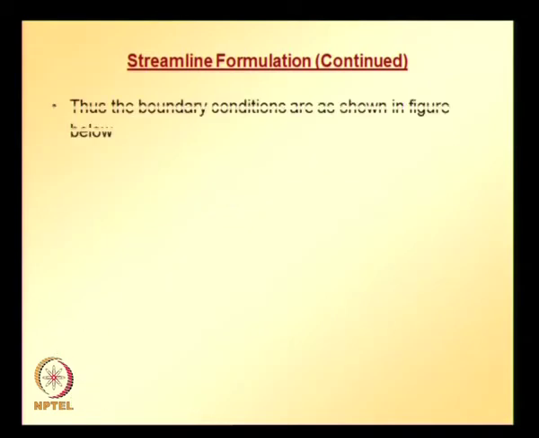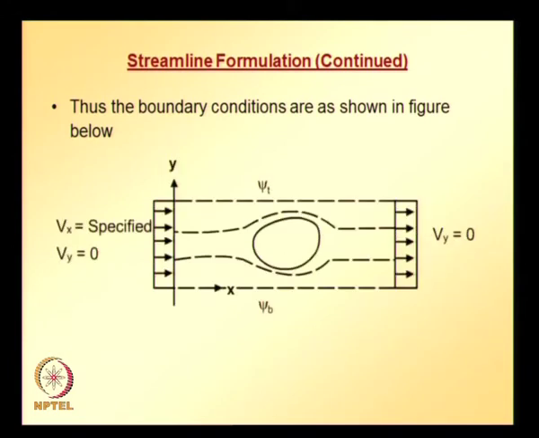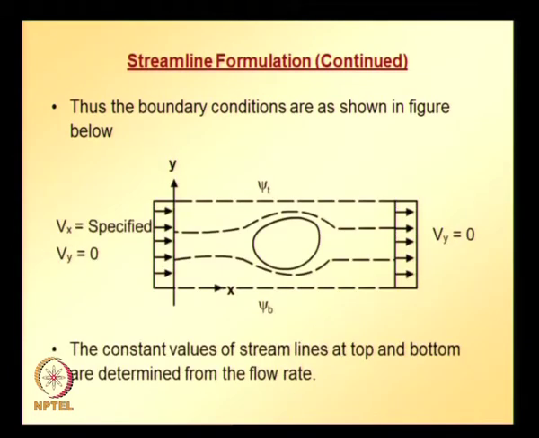The boundary conditions are as shown, that is, at the far left end Vx is specified, Vy is equal to 0, and at the far right end Vy is equal to 0 again, and the stream function at the top is denoted with psi subscript t, and the stream function at the bottom is denoted with psi subscript b.